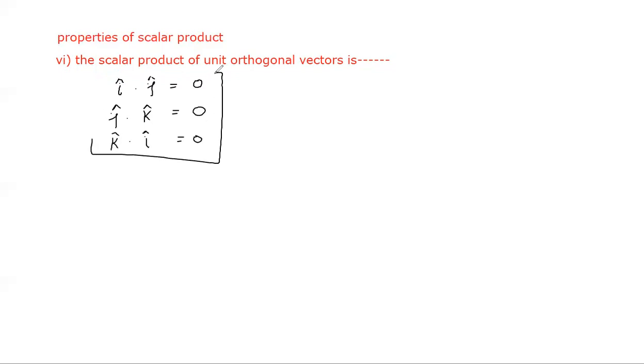So this is the relation of unit orthogonal vectors. Okay, so the sixth point is clear. So these are the properties of the scalar product, and now we discuss some examples based on dot product.